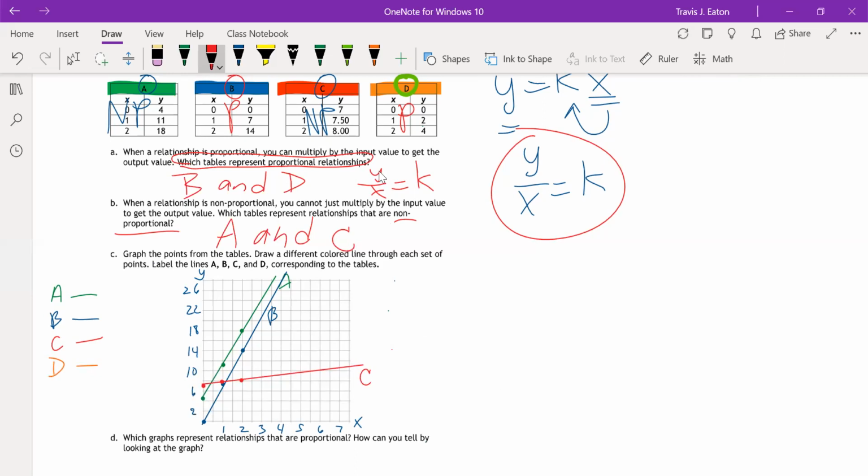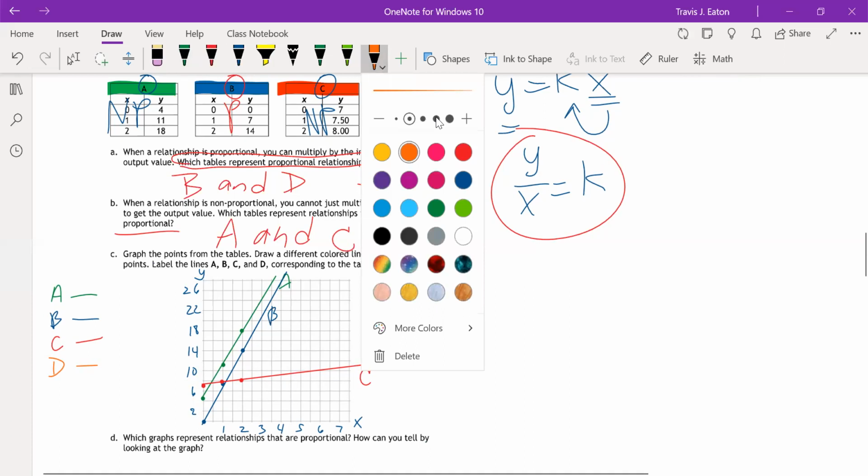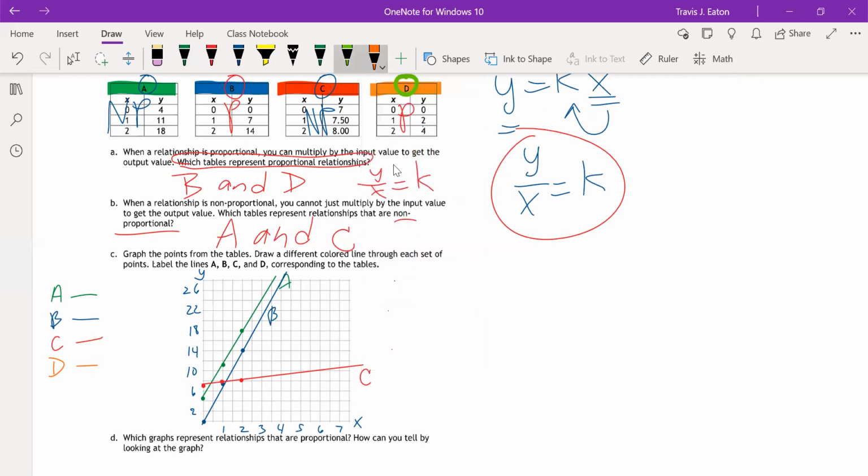And the last one is D. And that'll be in orange. Let's see here. Orange. Nice thick dots there. Orange. Beautiful. 0, 0. And 1 and 2. So there's 1 and 2. And then 2 and 4. 2 and 4 right here.